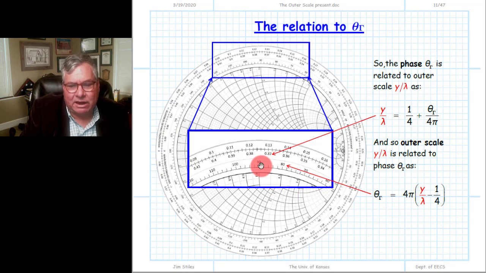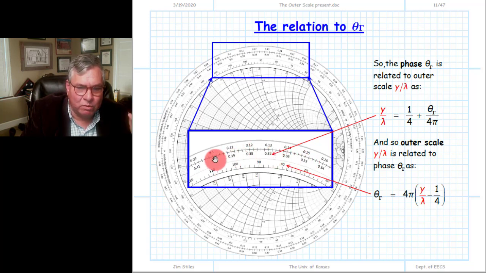If we look then at the outer scale next to the unit circle, that is the reflection coefficient angle. And then the other scale we're talking about now, this quote-unquote y scale, is given here. We can see there's a one-to-one mapping for every phase angle. 90 degrees, for example, maps onto an index, in this case 0.375, that's given here.